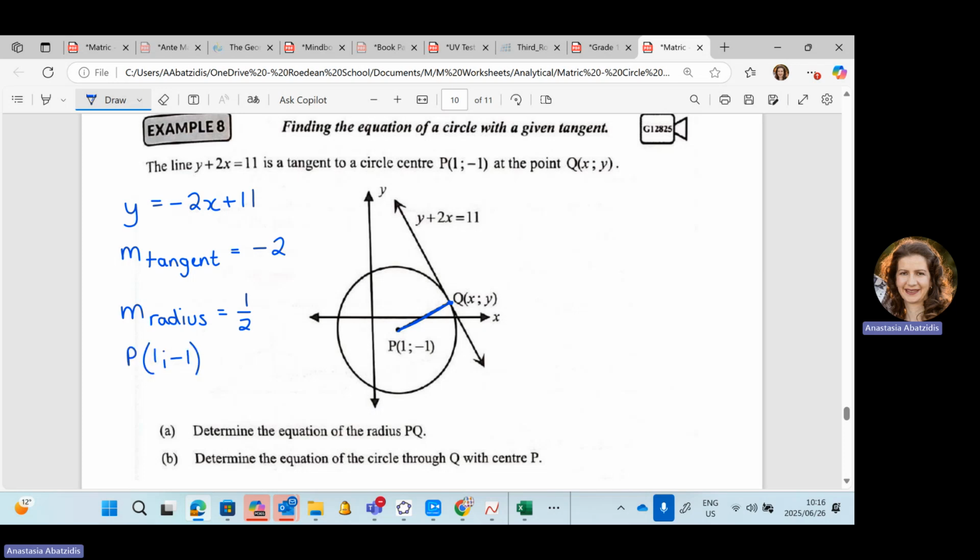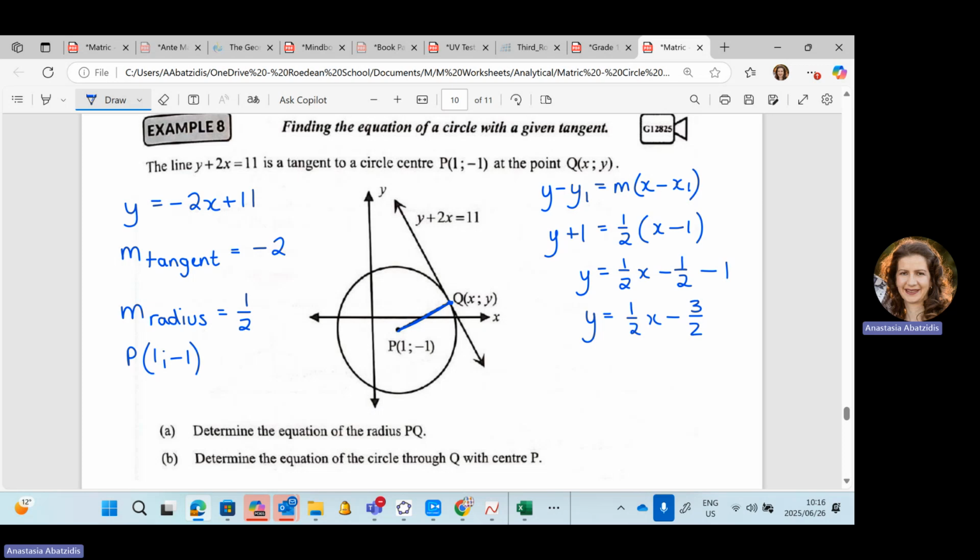So how are we going to work out the equation? y plus 1 equals half times (x minus 1), so y is half x minus 3/2. So that's the equation of our radius.